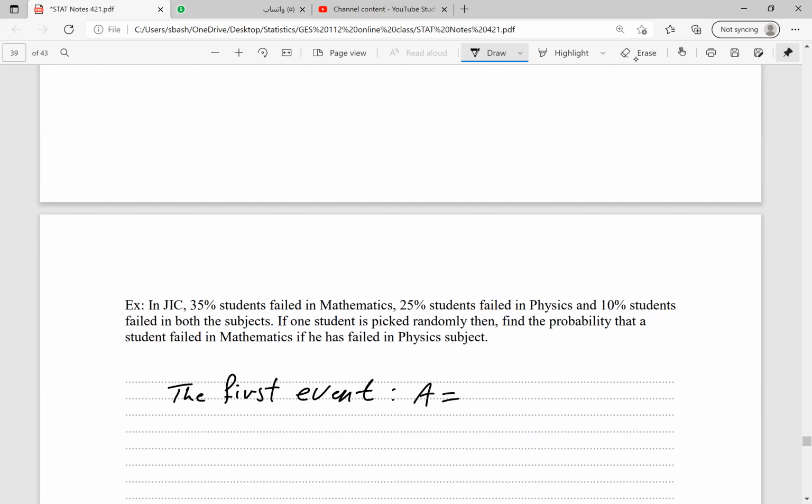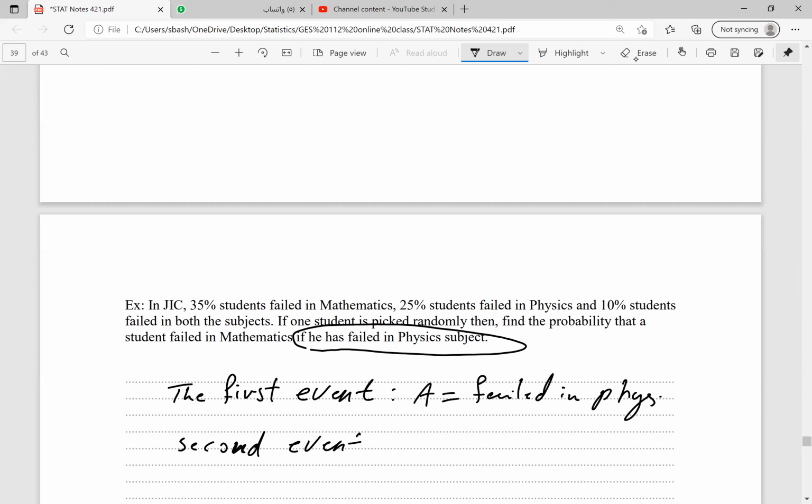A, if he has failed in physics. So the first event is failed in physics. The second one, B, is failed in math.